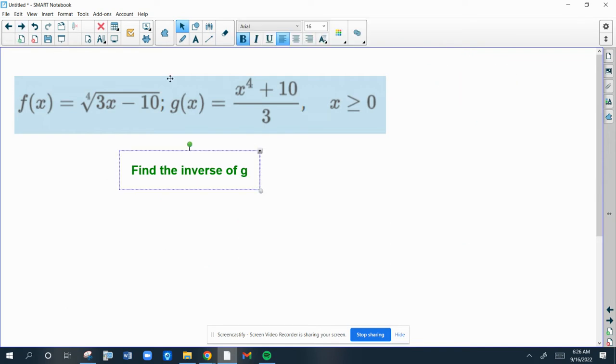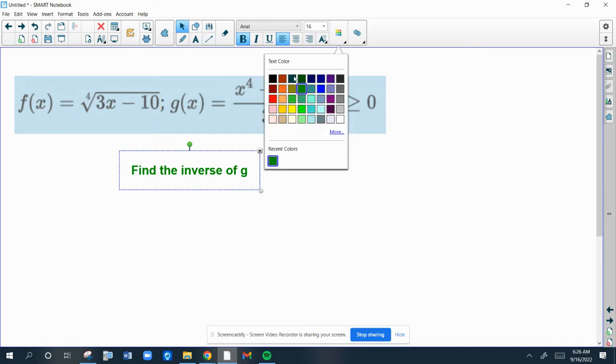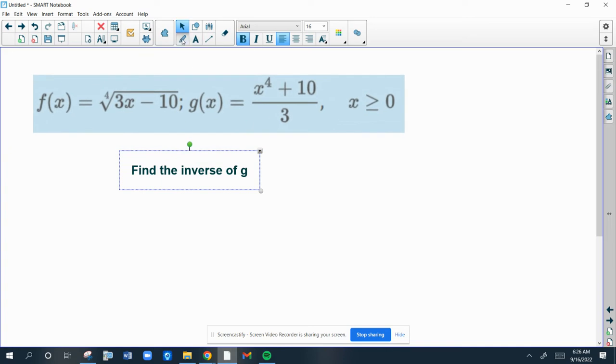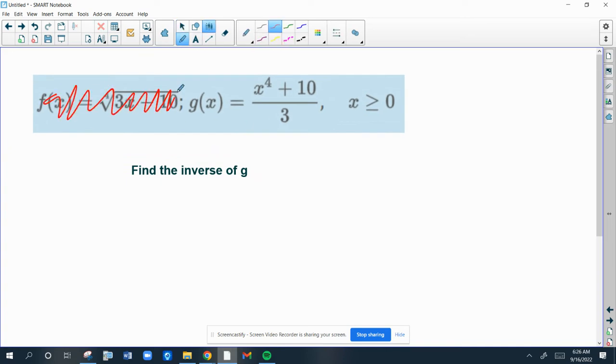Quickly, we're going to do the same thing for g. We're going to find the inverse of g. So pretend we don't know what f is. To find the inverse of g, again, start with an x when you're doing this, and then look at g.